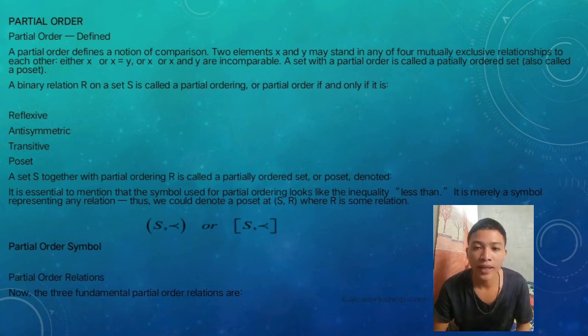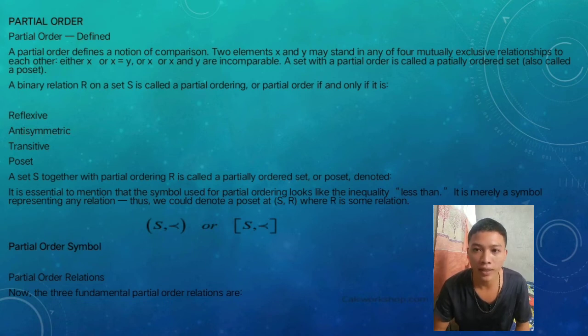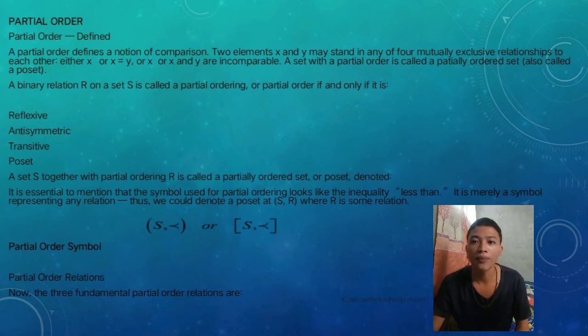It is essential to mention that the symbol used for partial ordering looks like the inequality less than, but it is merely a symbol representing the relation. Thus, we could denote a poset as (S, R), where R is some relation.